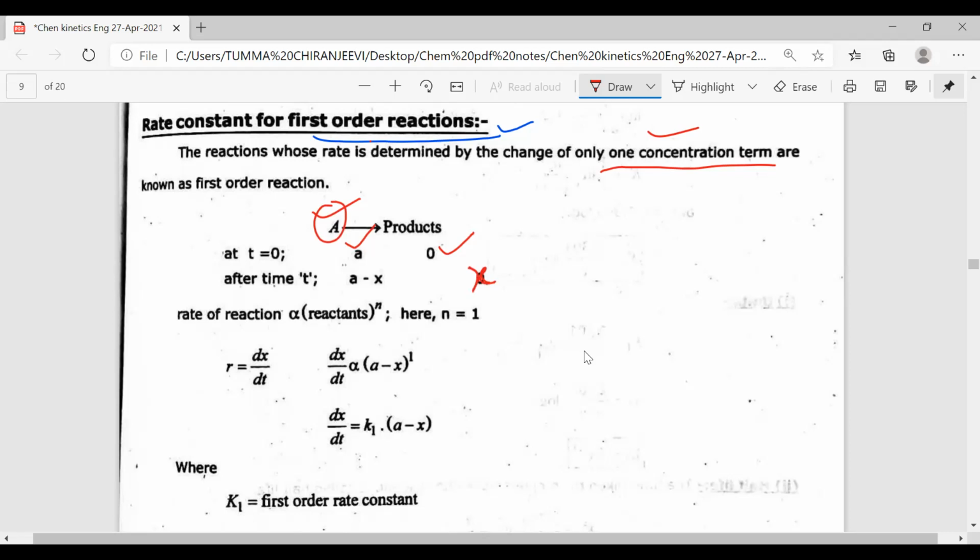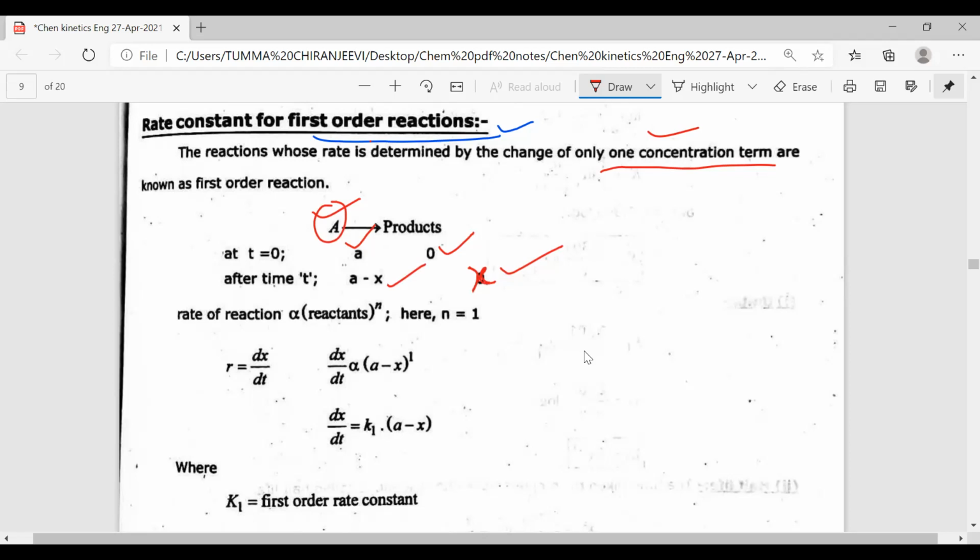And what happened to the concentration of A after formation of products with concentration x? That is equal to a minus x. So after time t, the concentration of A is a minus x, and the concentration of the products is x.